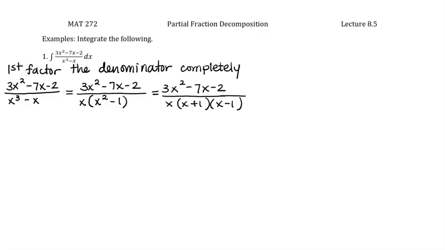And with that denominator completely factored, I can see that we have three distinct linear factors. We have a linear factor of x, a linear factor of x plus 1, and a linear factor of x minus 1.